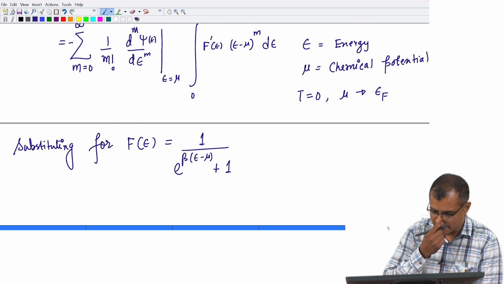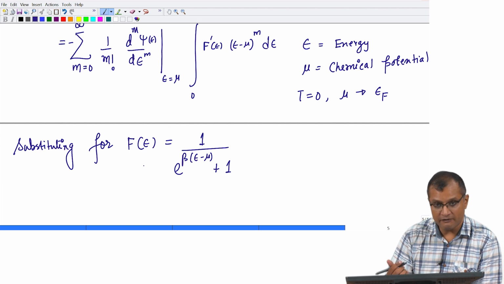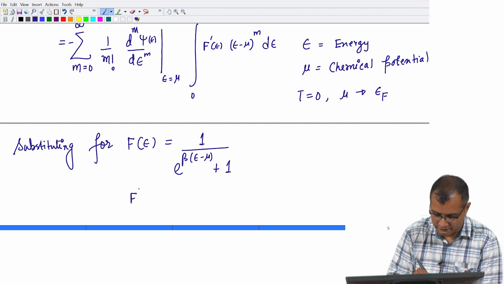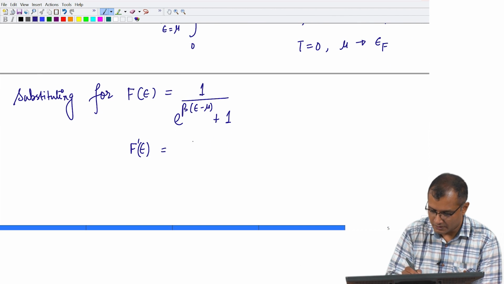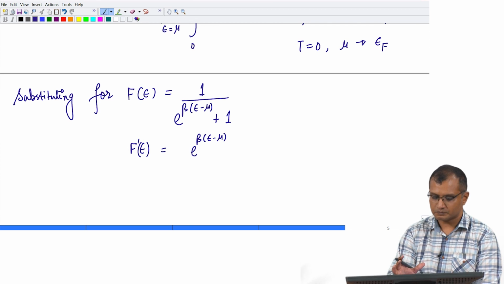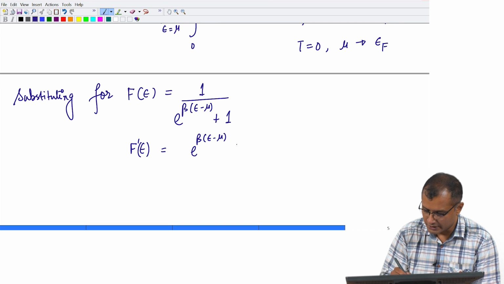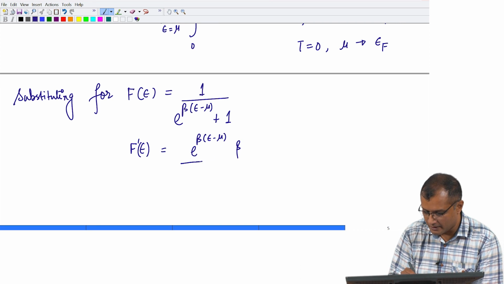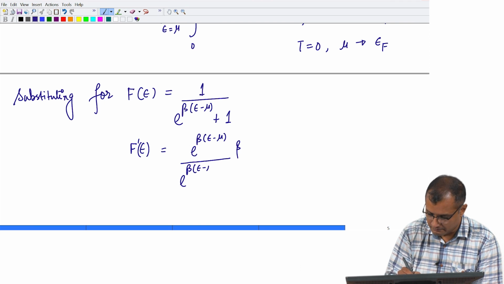If I take this and perform a first derivative with respect to epsilon, it would simply give me e to the power beta E minus mu into beta divided by e to the power beta E minus mu plus 1, the entire thing squared.